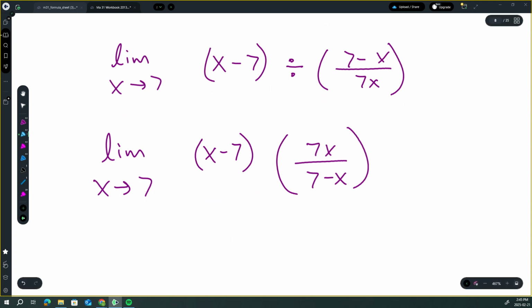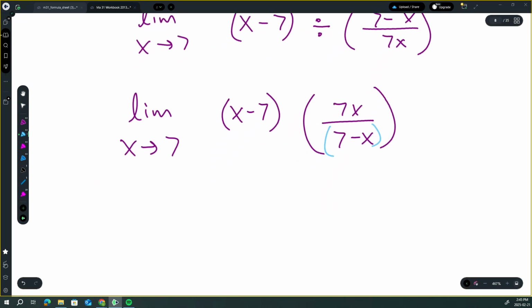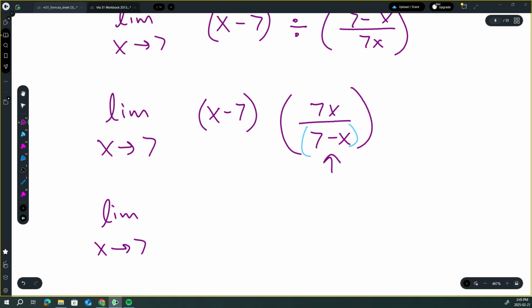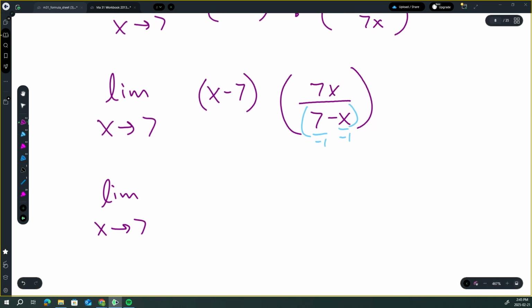Now look here, we've got two factors that look awful similar, but they're not exactly the same. Again, I'm just doing this slowly so it's easier to follow. So the limit as x approaches 7. I'm going to factor a -1 out of this denominator here.